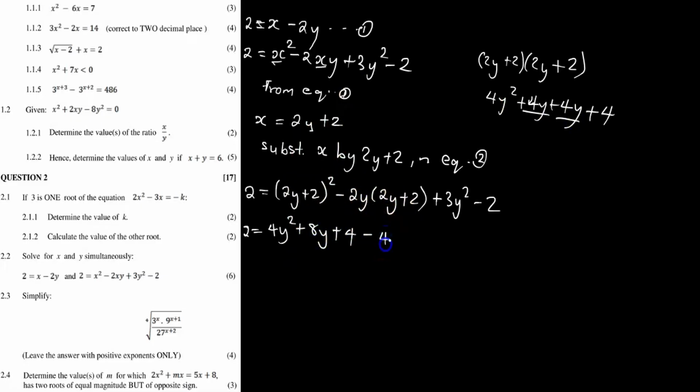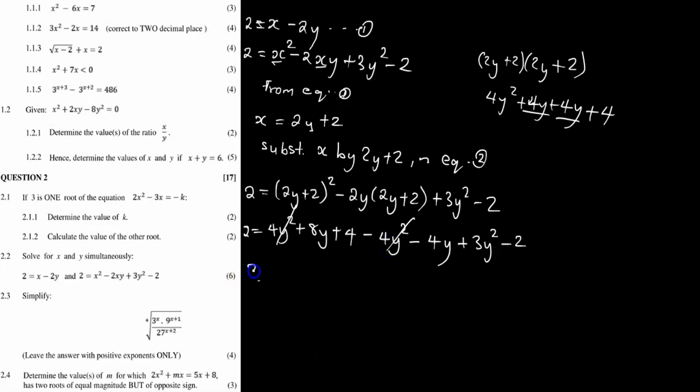Minus, this gives us the 4y squared again, and then these give us minus 4y, and then it's plus 3y squared minus 2. Then you can take this 2 to the other side. The 4y squared is going to subtract the 4y squared there.